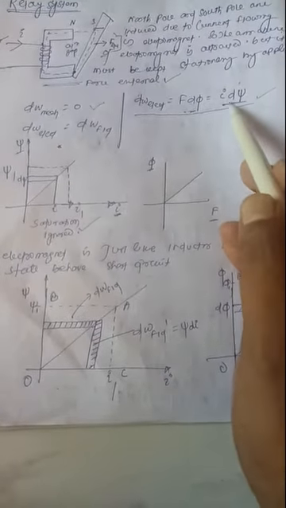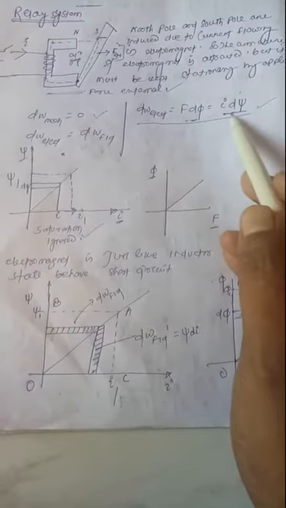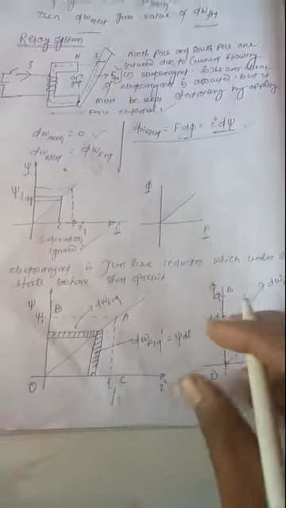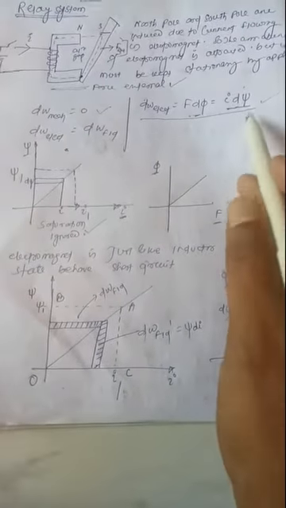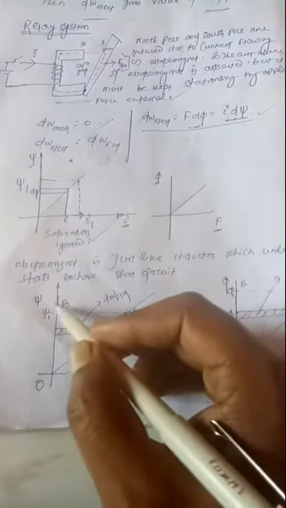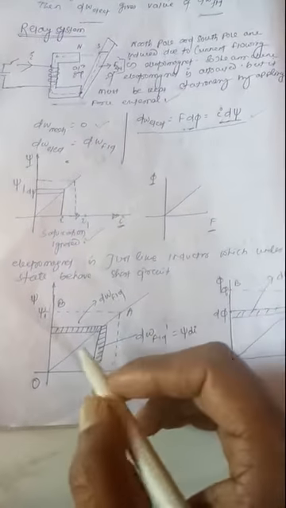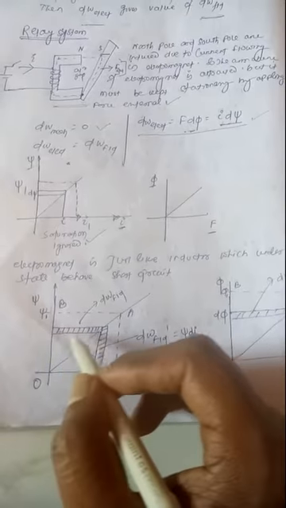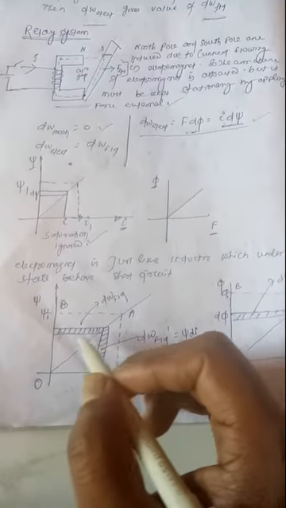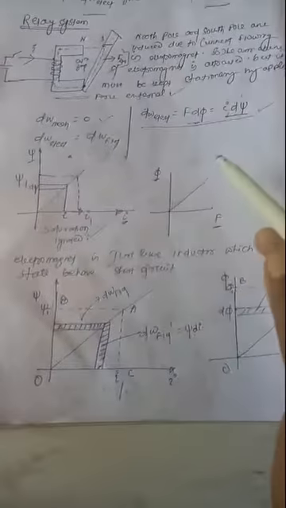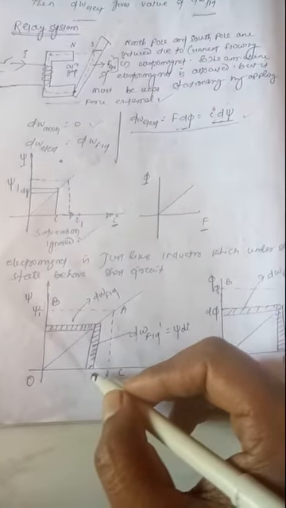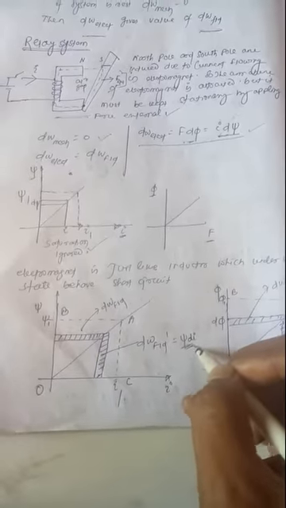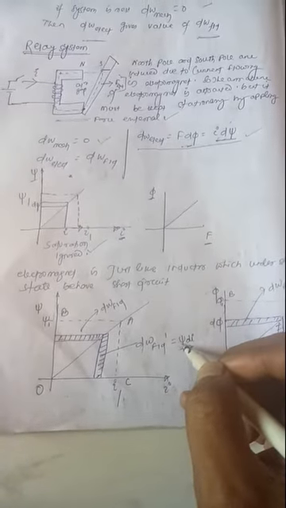So I d psi is the area of this I and psi curve. If I is constant, the change in flux linkage is d psi, so we take a differential element here. Here if I varies, then psi will be constant and I will be variable, so psi into di.